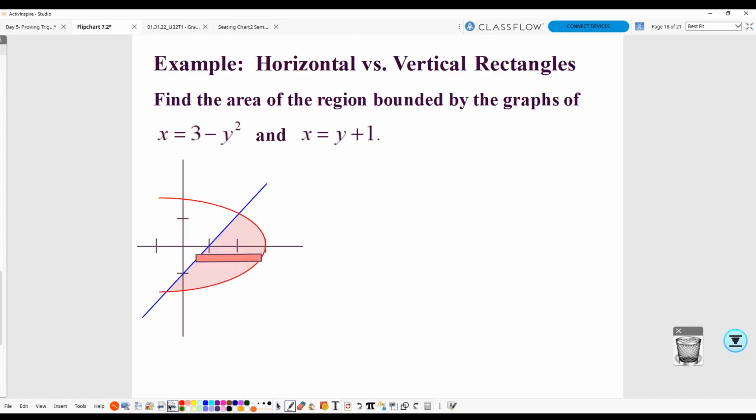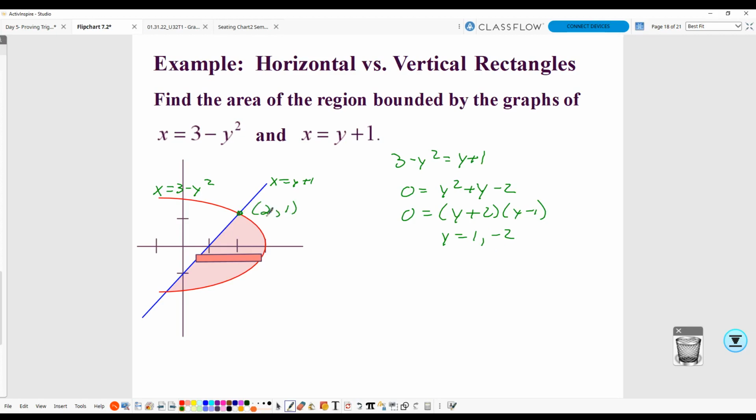So again, doing right minus the left, this in terms of x values, x equals 3 minus y squared. This one is x equals y plus 1. Where do they equal each other? Move everything to one side and solve. y is 1 and y is negative 2. When y is 1, x is 2. When y is negative 2, x is negative 1.